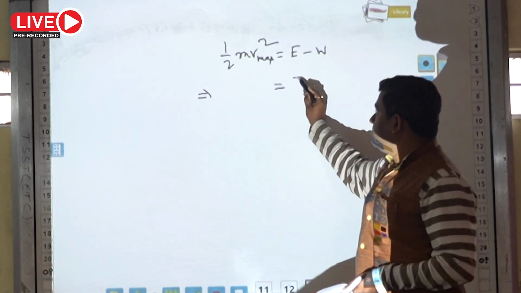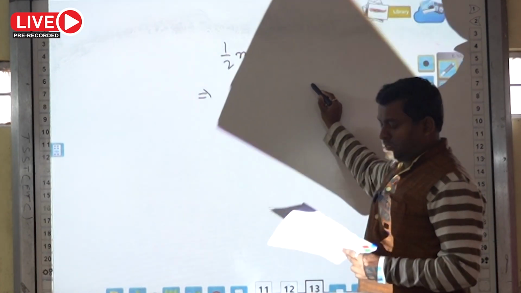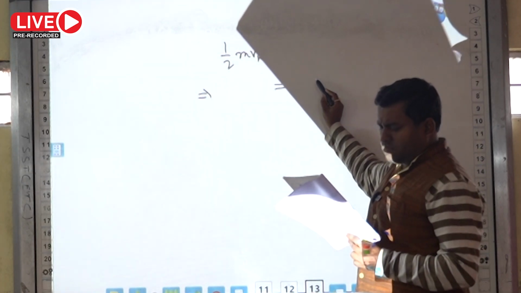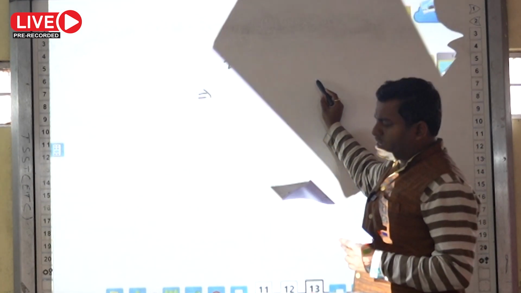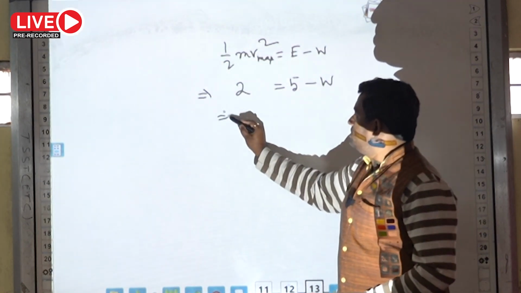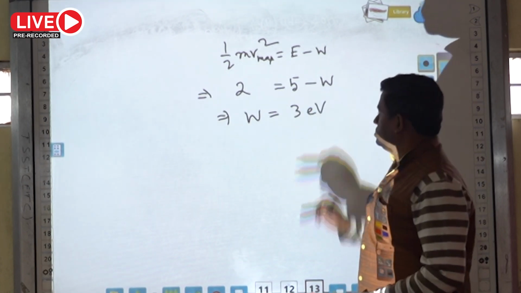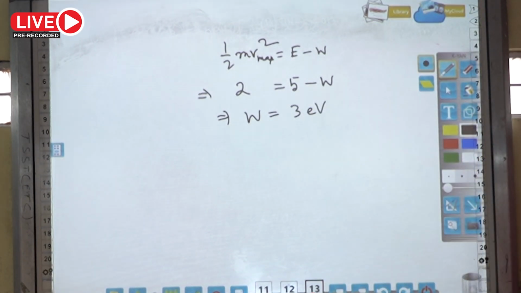So this E is 5 electron volt, and maximum energy of the emitted photoelectron is 2 electron volt, equal to 5 minus W. So we can write W equal to 3 electron volt, the work function.